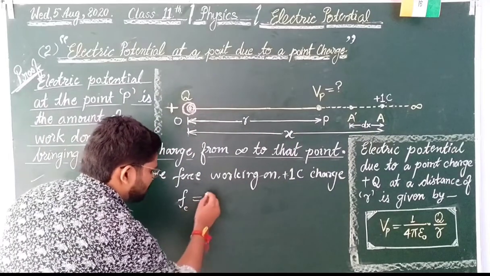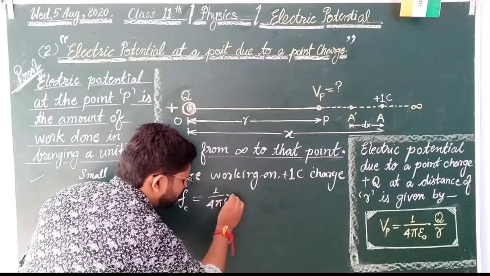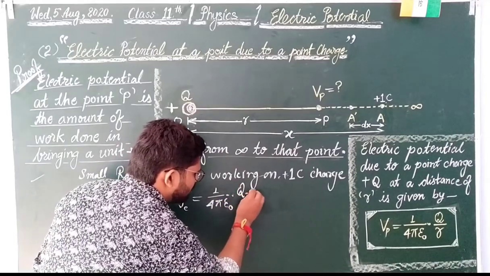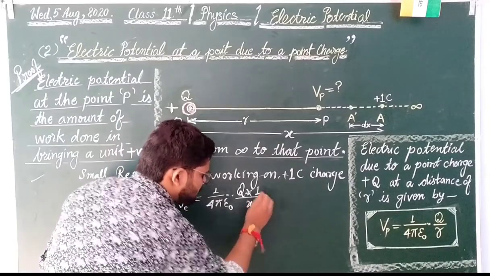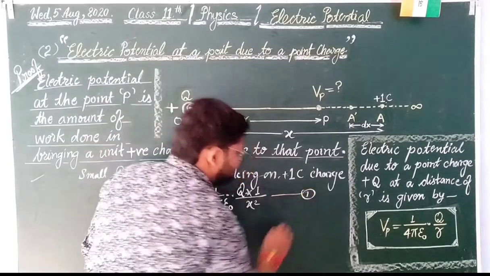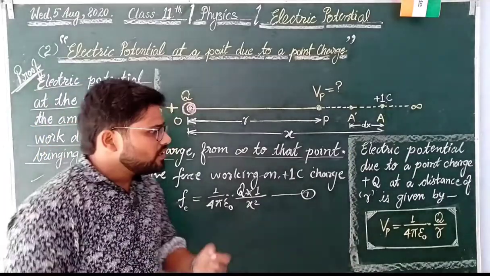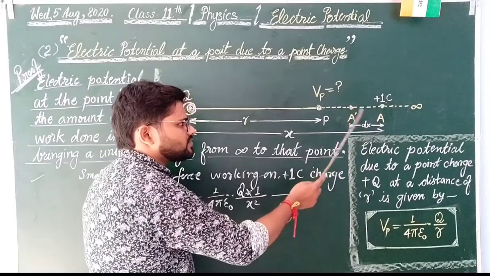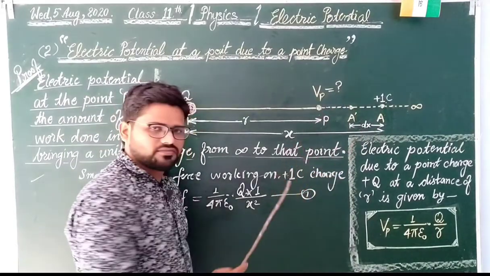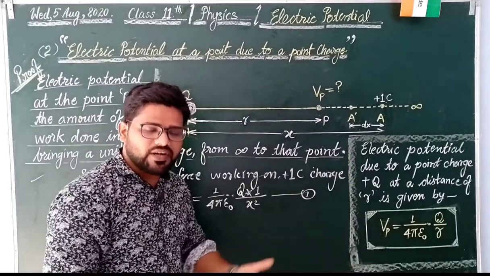So electric force F equals 1 upon 4 pi epsilon naught into capital Q into 1 over x square. Now just calculate the amount of work done in bringing unit positive charge from point A to A dash, a very small distance dx. After that we will integrate it to calculate the net work.